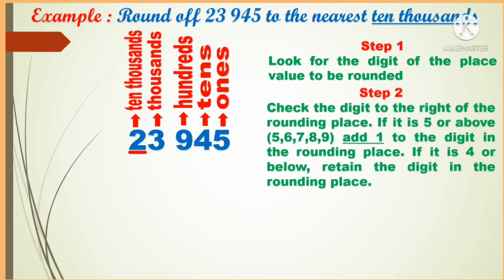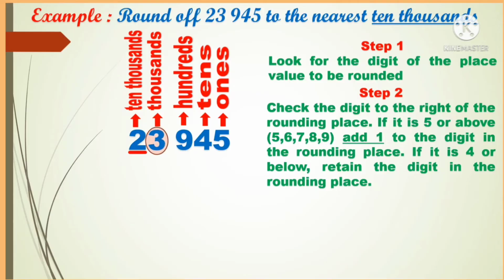Step 2. Check the digit to the right of the rounding place. If it is 5 or above, add 1 to the digit in the rounding place. If it is 4 or below, retain the digit in the rounding place. Now, ano nga ba ang digit na nasa kanan ni 2?